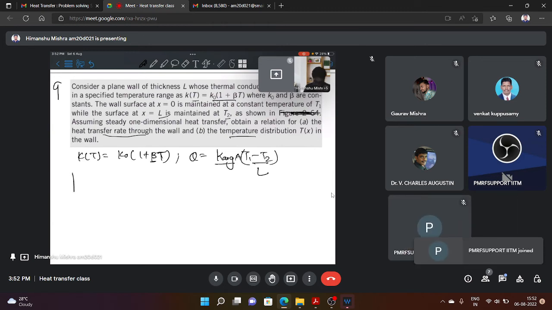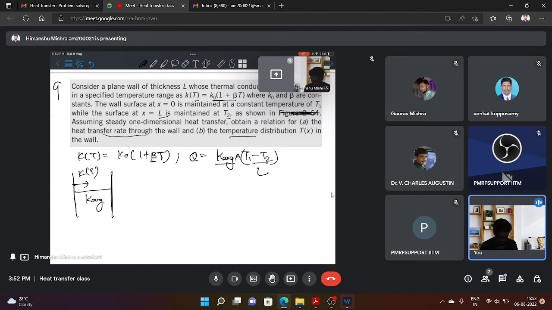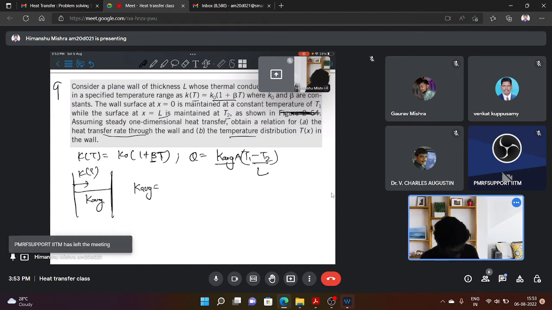Since the thermal conductivity is not constant here, and it depends on the temperature, we need to define the average thermal conductivity of this slab. To define the average thermal conductivity, we have to take the average of the thermal conductivity at different temperature locations, at location 2 and at location 1.